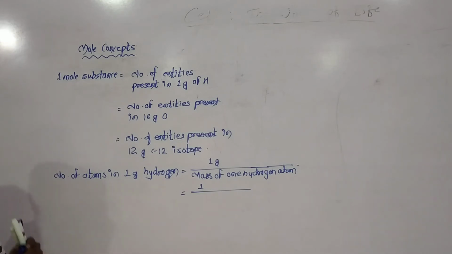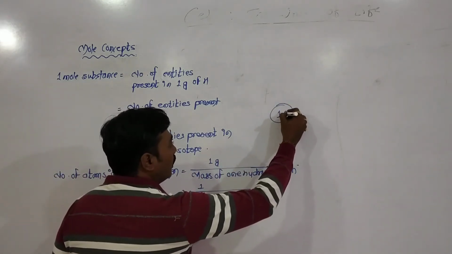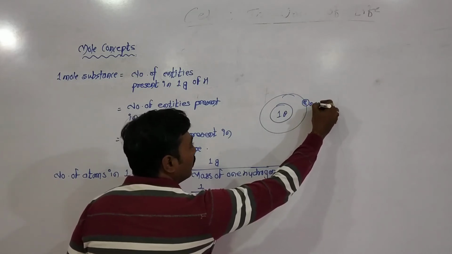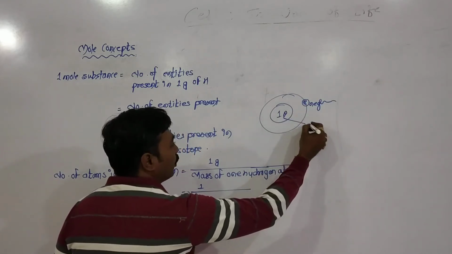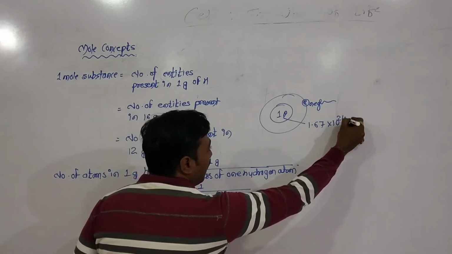Mass of proton is 1.66 into 10 to the power minus 24 gram. Hydrogen atom contains 1 proton and 1 electron. Mass of electron is negligible and mass of proton is 1.66 into 10 to the power minus 24 gram.